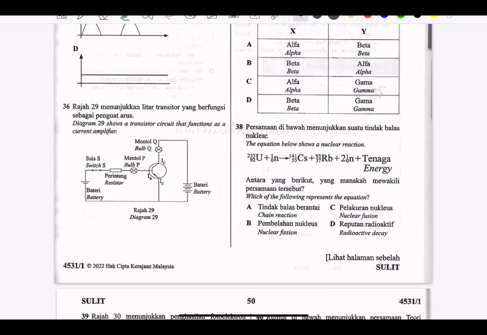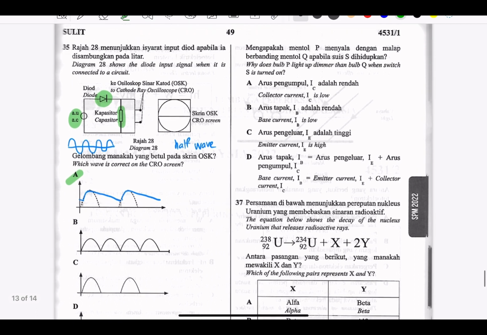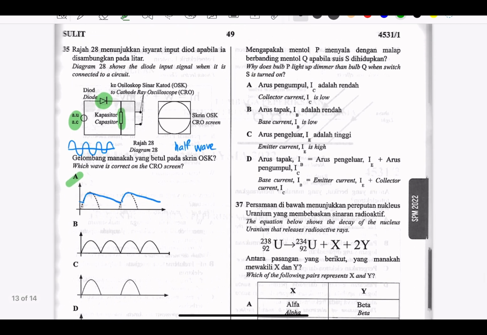Okay, there's a transistor acting as a current amplifier. So a transistor can act as an automatic switch or amplifier. Why does bulb P light up dimmer than bulb Q when the switch S is turned on?